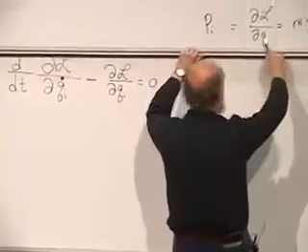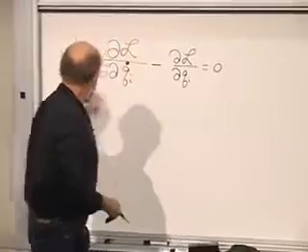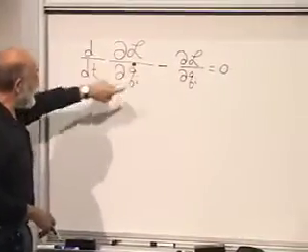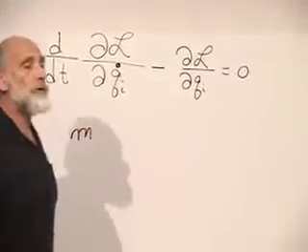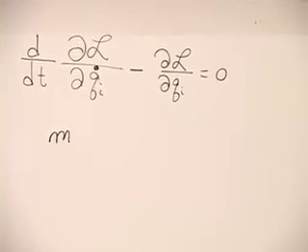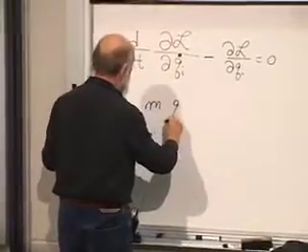The derivative of the Lagrangian with respect to q sub i dot is m q sub i dot. We have to differentiate that once more. So this term becomes m. We always assume that the masses of particles are constant. They don't vary. So that's m times q sub i double dot.